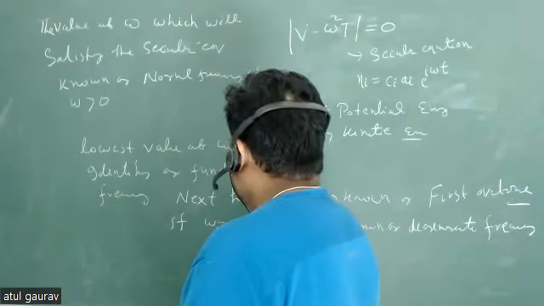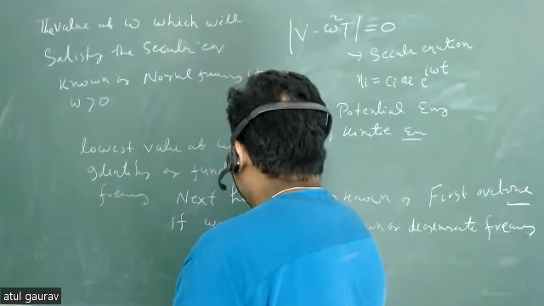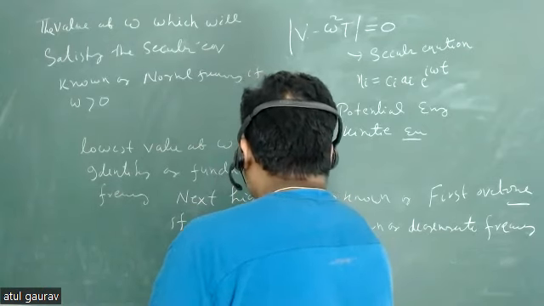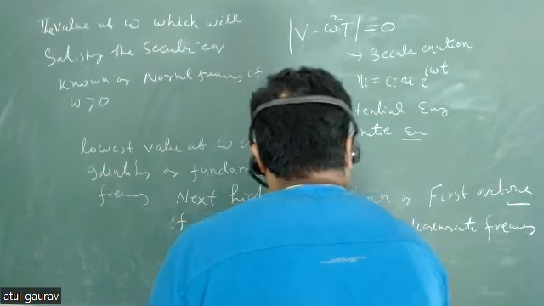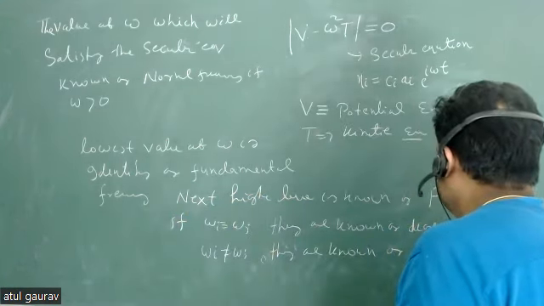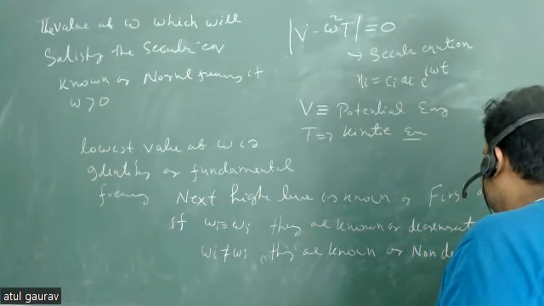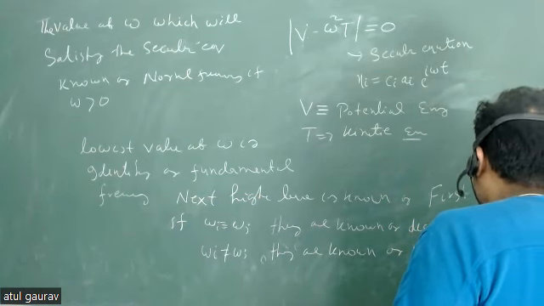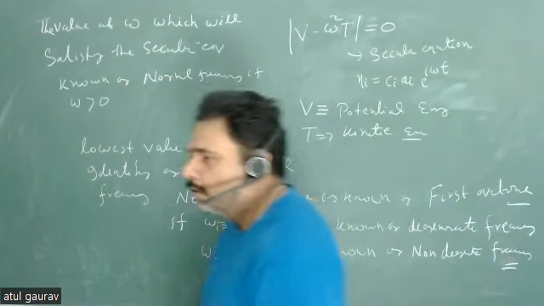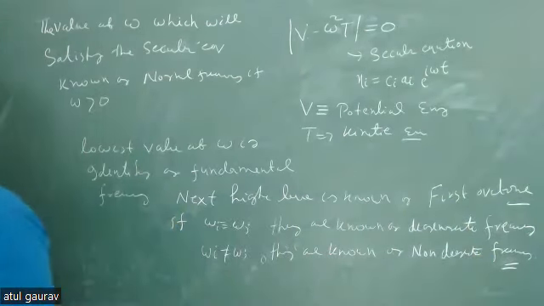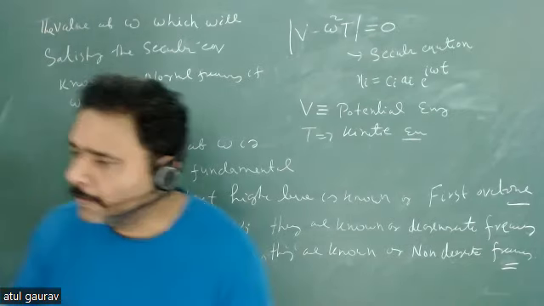If omega i is not equal to omega j, they are known as non-degenerate frequency. Okay, they are known as what? Non-degenerate frequency. Up to that, everyone is comfortable? Yes, sir. Okay.